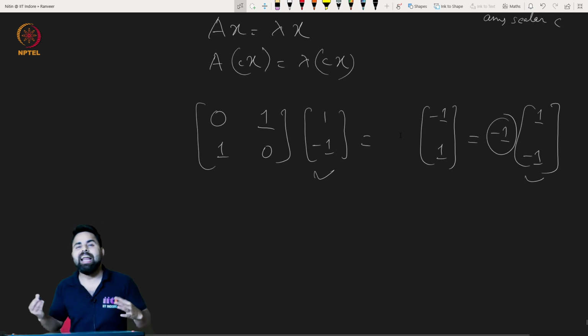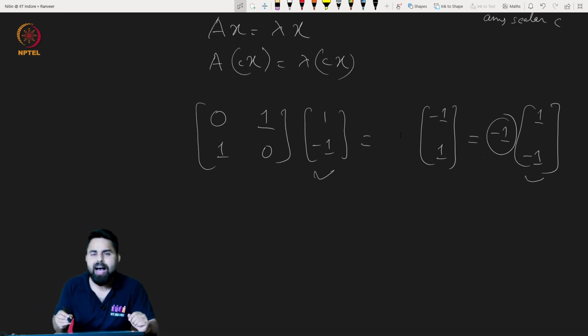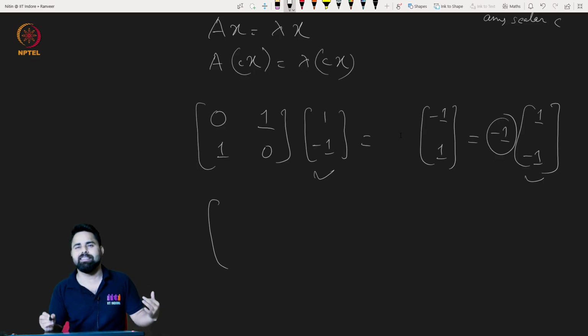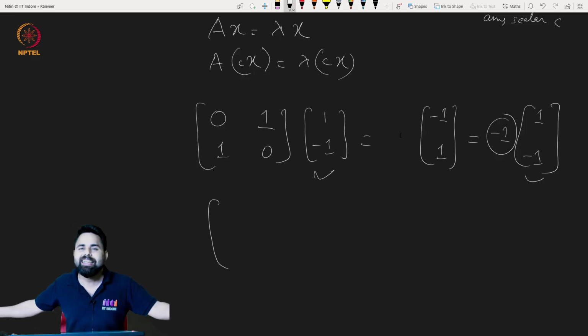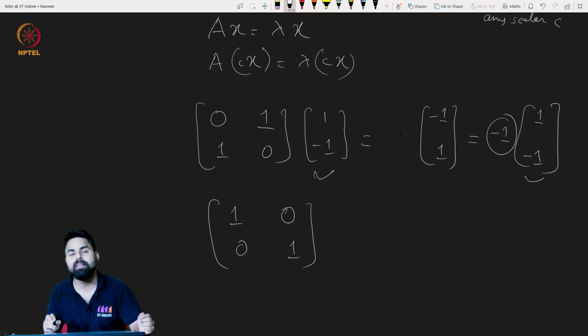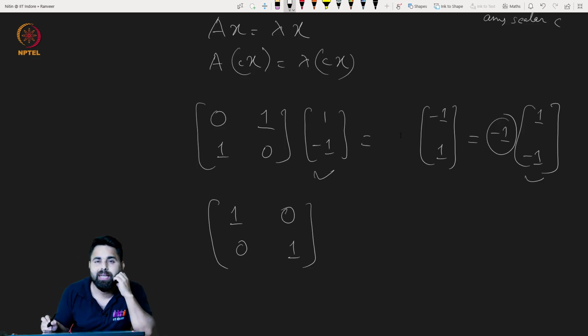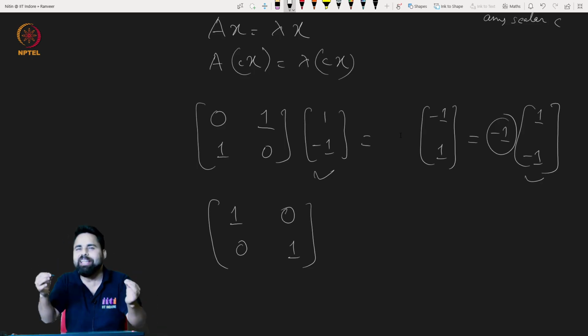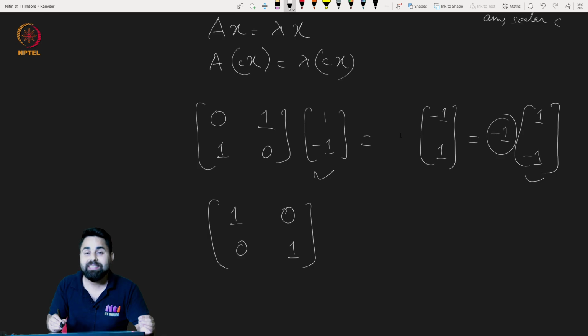Now let us take another example, in fact, a much simpler example. What is the simplest kind of matrix we have seen? The simplest kind of matrix is just the identity matrix. Let us see the eigenvectors and eigenvalues of this. What are the eigenvectors of this matrix? In fact, if you multiply any vector with this matrix, the output is the same vector, right?